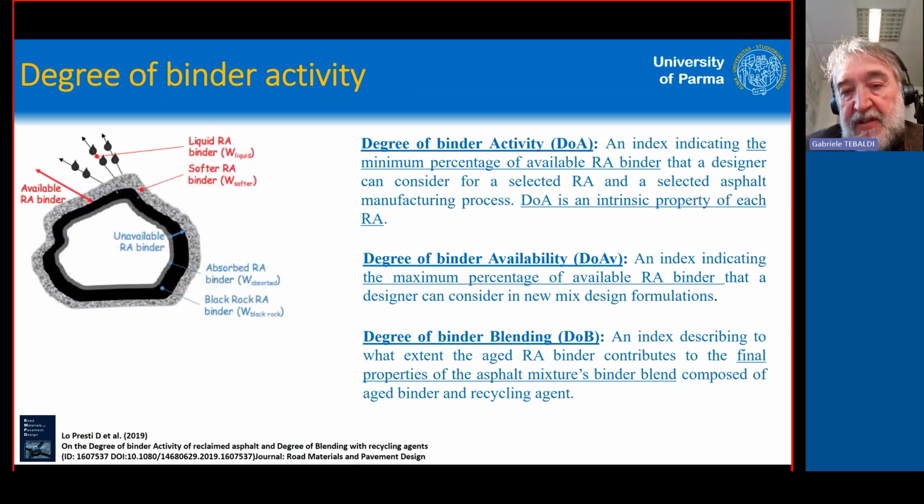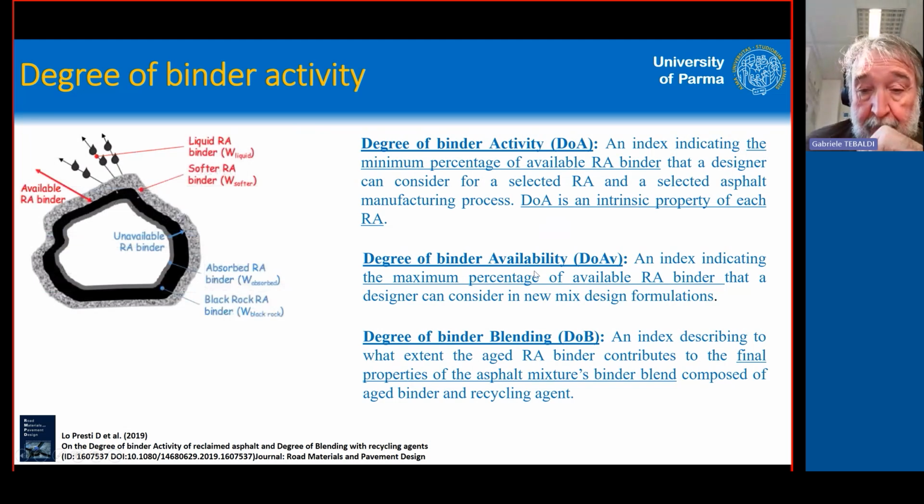This is later to consider how we have to design our hot mixture in function of the bitumen that we have in the wrap. Some years ago, a group of researchers, led by University of Nottingham, put some definitions: degree of binding activity, that is an index that indicates the minimum percentage of bitumen available, the bitumen in the wrap that is still active to bind our aggregate.